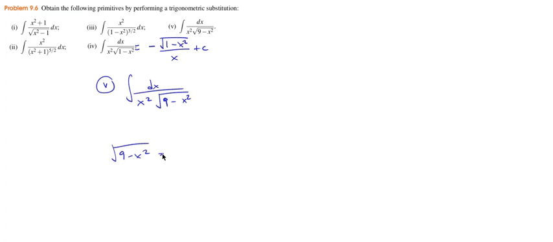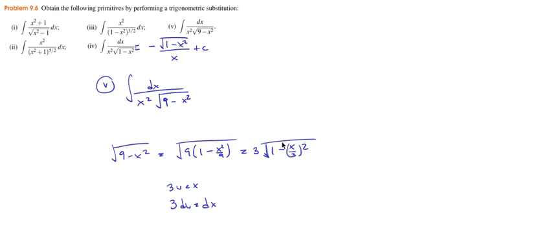You can take a common factor 9, so you have 9 times 1 minus x squared over 9, or in other words 3 times the square root of 1 minus, and let's say this is x divided by 3 squared, right? And so we can change our variable, say u is x divided by 3, or 3u is x. Okay, 3u is x, so 3 du is dx.